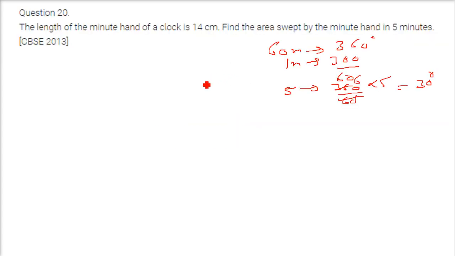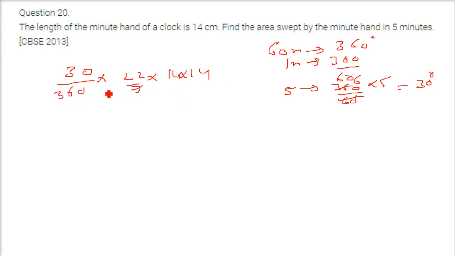So area will be theta by 360, that is theta is 30 degree, by 360 into pi, 22 by 7 into r square, 14 into 14. So what do we get?